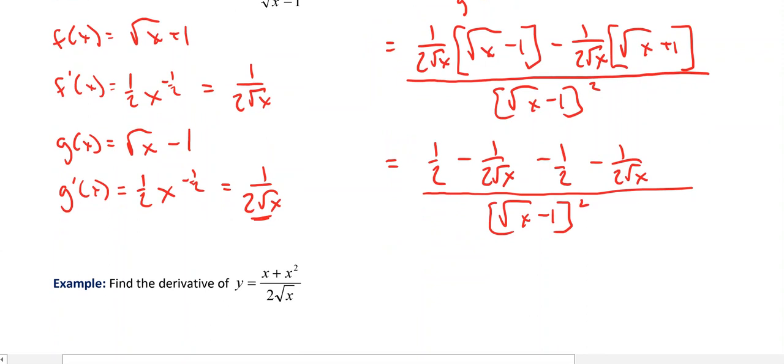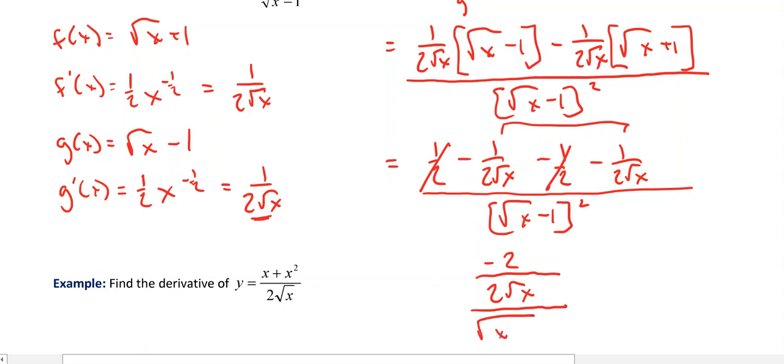Well, these cancel out, and these two terms are similar terms, so we can combine them. And so we're going to end up with a negative 2 over, because we have fractions with common denominators, we can combine the numerators, which would give minus 2 over 2 radical x all over the square root of x minus 1 squared.